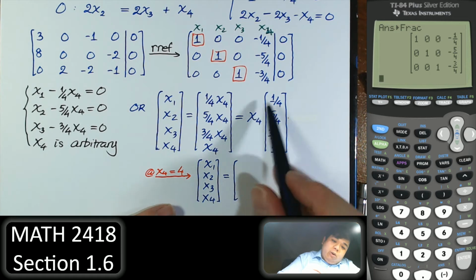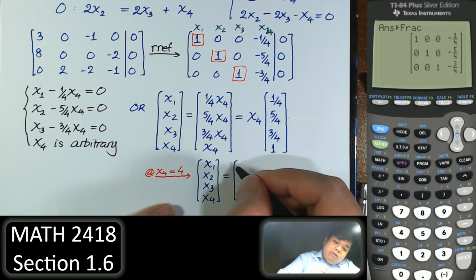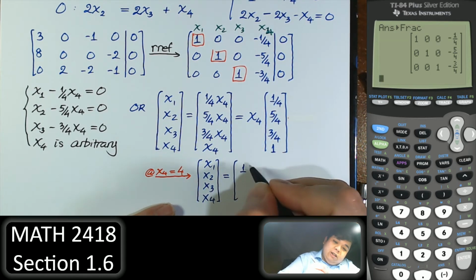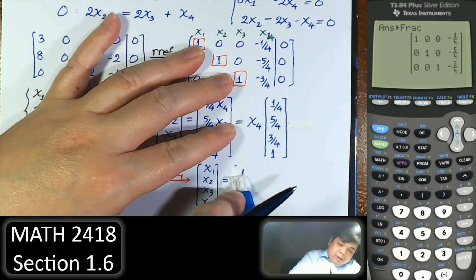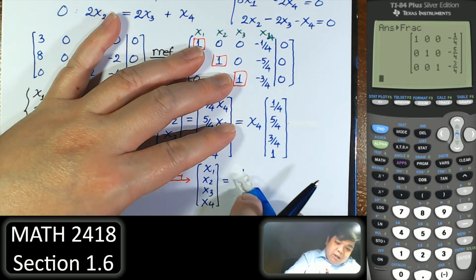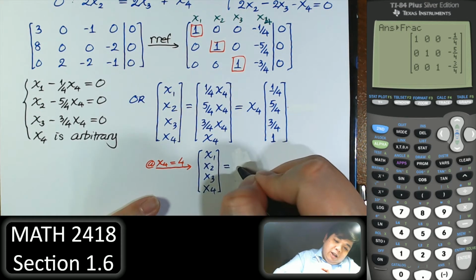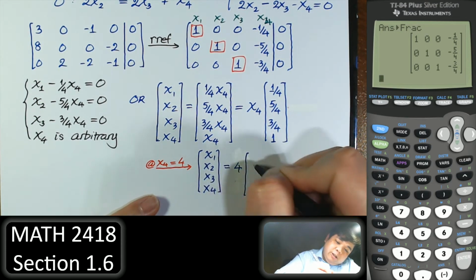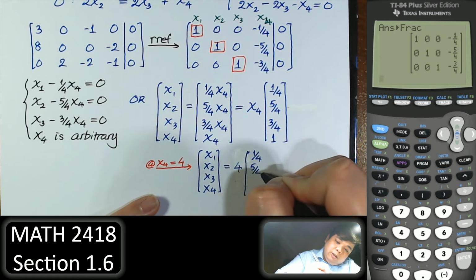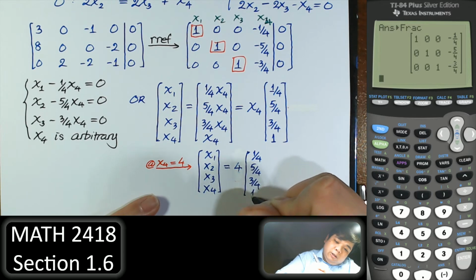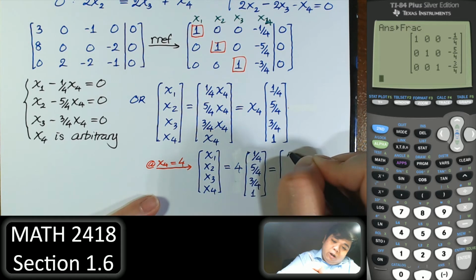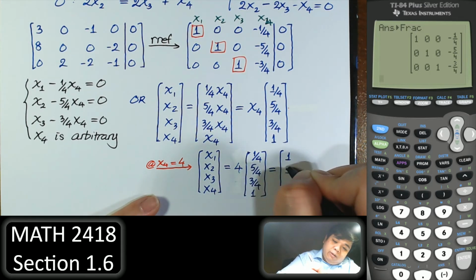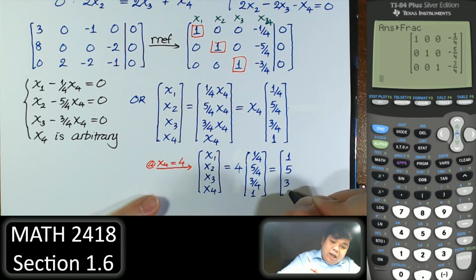So we multiply 4 into here. 4 times 1/4 is 1. Choose 4. That gives us 1, 5, 3, and 4.